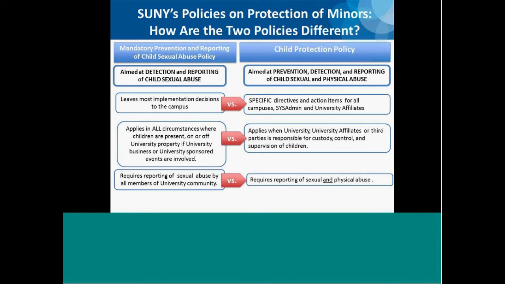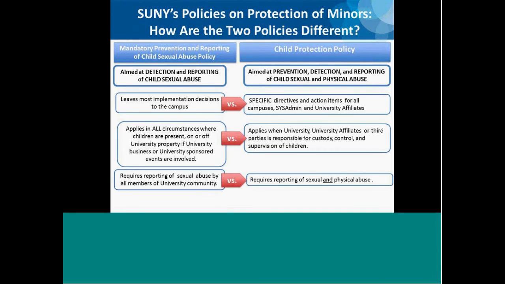The Mandatory Reporting Policy applies in all circumstances where children are present on or off university property if university business or university-sponsored events are involved. The Child Protection Policy applies when the university, a university-affiliated organization, or a third party using university facilities is responsible for the custody, control, and supervision of children.